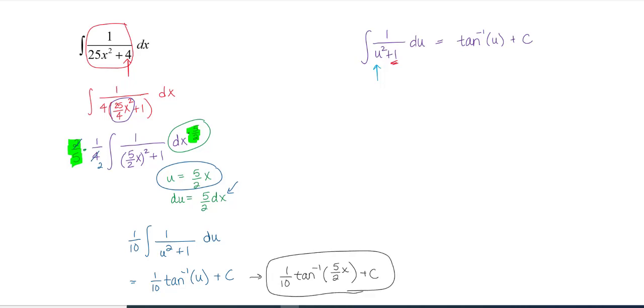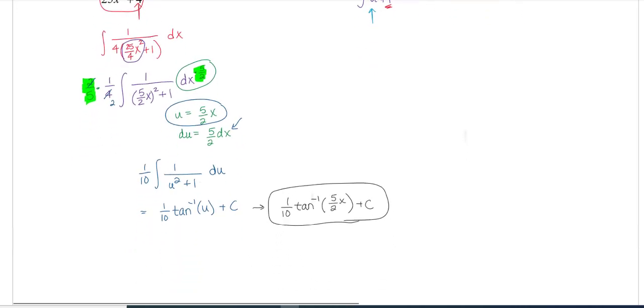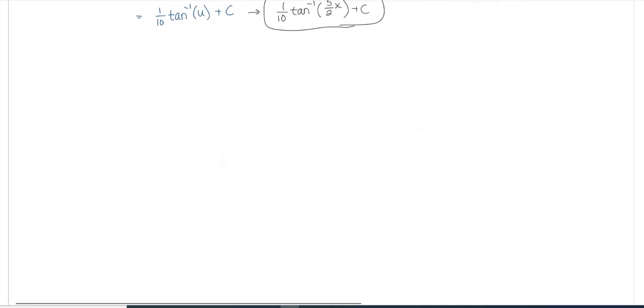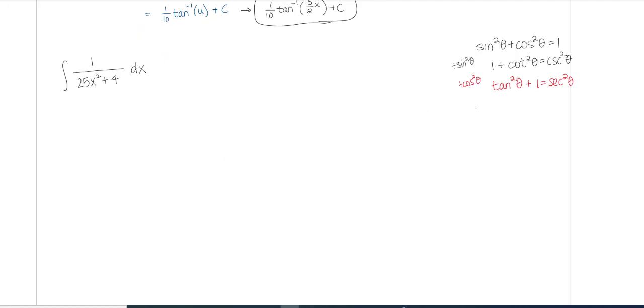So let me quickly show you, because that didn't take too terribly long, the trig substitution and how that actually doesn't take very long either. So I'm going to copy this problem down again and show that we get the same thing. Remember that this 25x squared is really the same thing as the quantity 5x squared, so that's the first piece that I want to make sure you know.